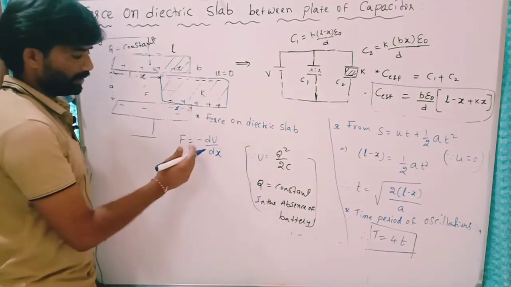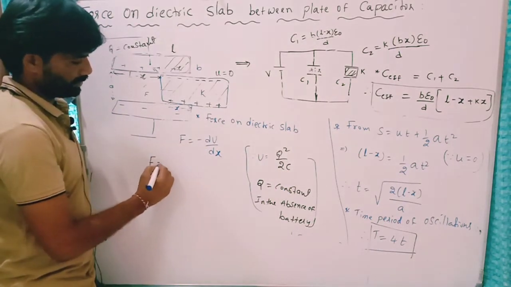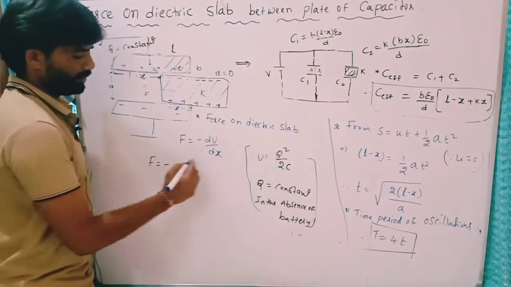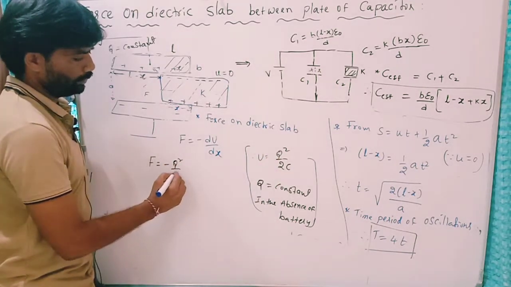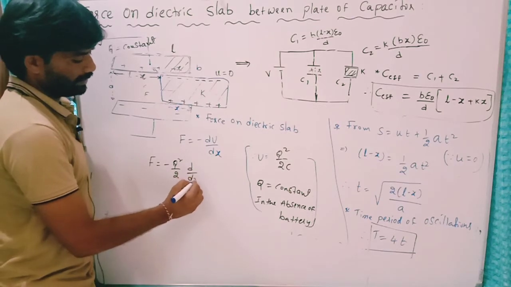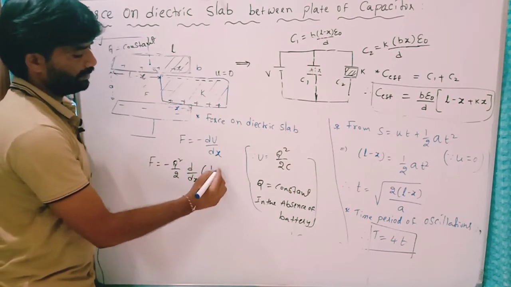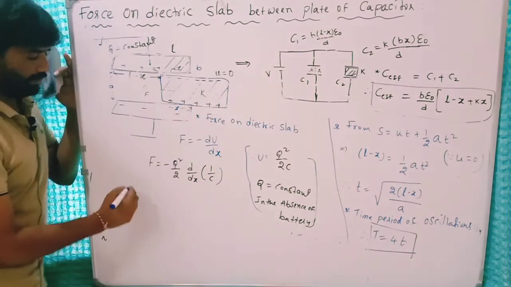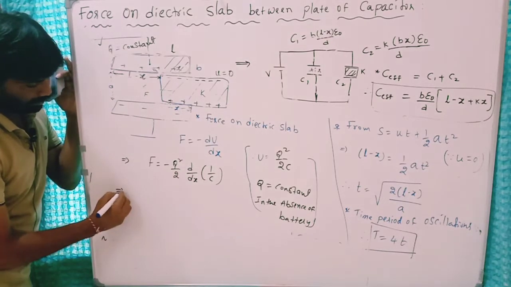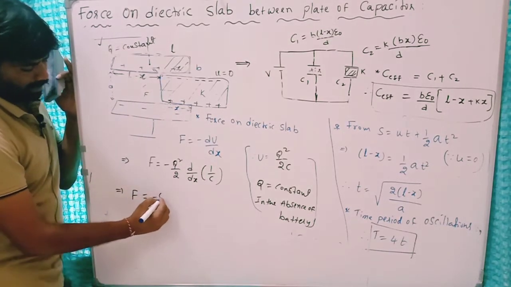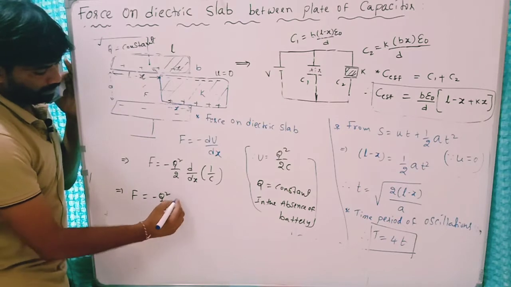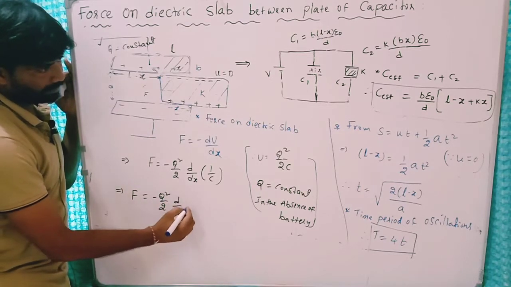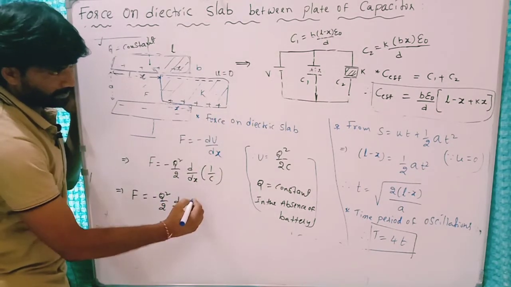So substitute this here to get the force. Write constant terms outside, Q square by 2 d by dx of 1 by C. Now it gives F equal to minus Q square by 2 d by dx of those terms.